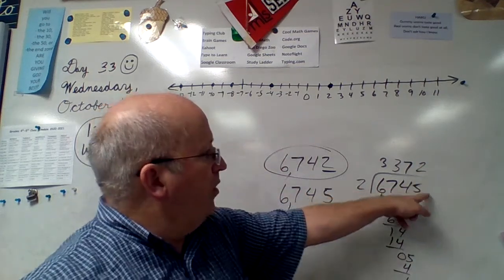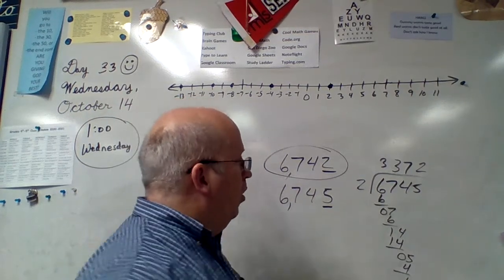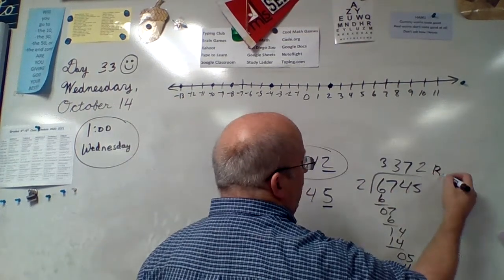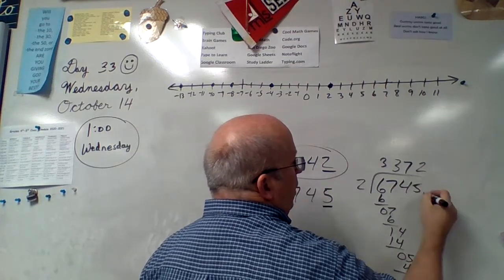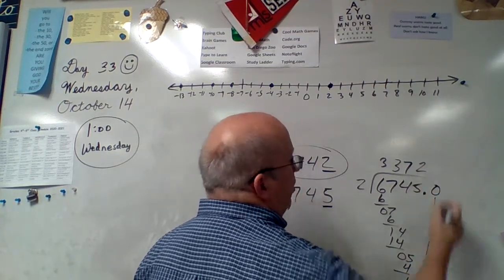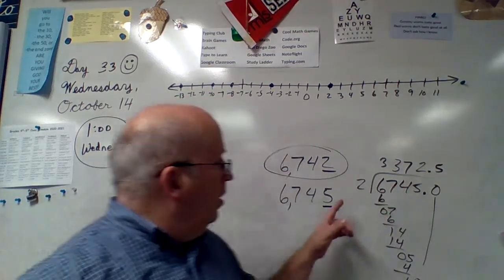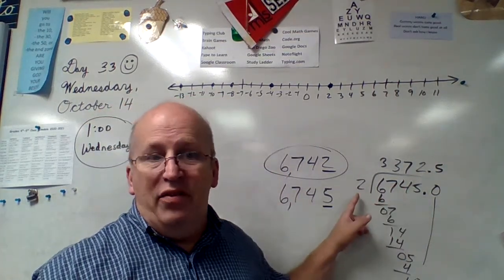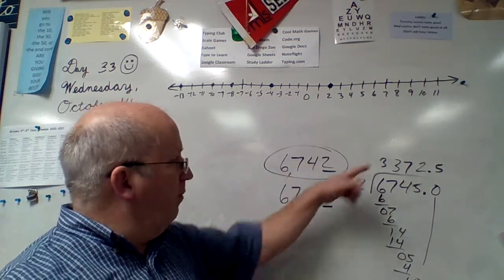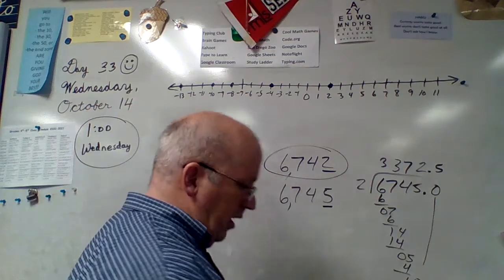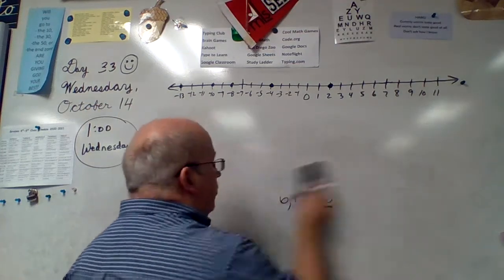Notice we have nothing else to bring down, and we're left with a remainder of 1. So we could either say that the answer is 3,372 remainder 1, or we can add a decimal point, drop a 0, and then call it 0.5. It does not divide evenly by the number 2, does it? Now, if we tried it with this number, we would get an even number answer. So that's the divisibility rule for the number 2.